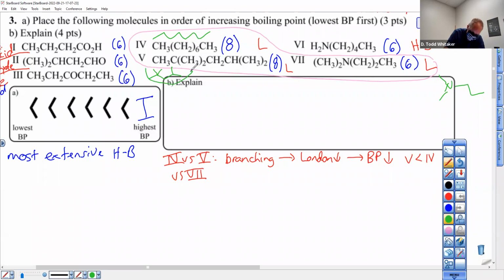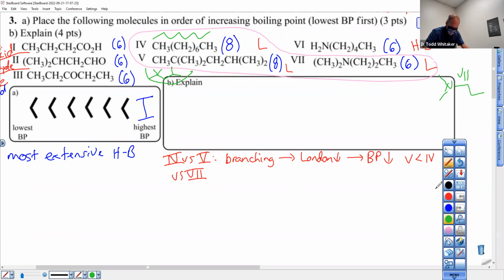All right? So which of these 2 pictures, V or VII, does it look like there's a teeny bit more branching? Just count branches. 1, 2, 3. Count branches. 1.